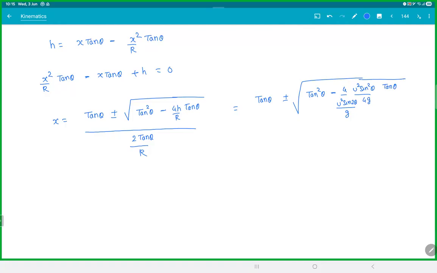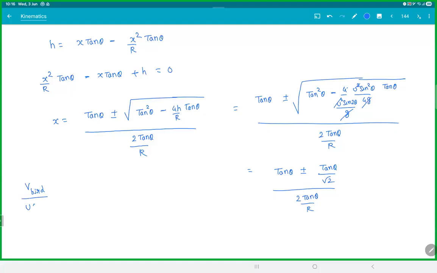So you get that stuff, 2 tan theta by r. So u square will cancel, g will cancel. Sine 2 theta is 2 sine theta cos theta, one sine will cancel. You'll get a tan theta there by 8. So that 4 also will cancel. You will end up with tan theta plus or minus. Even though it looks bad, you actually get a good one there, tan theta by root 2. There. So you got x1 and x2 there.